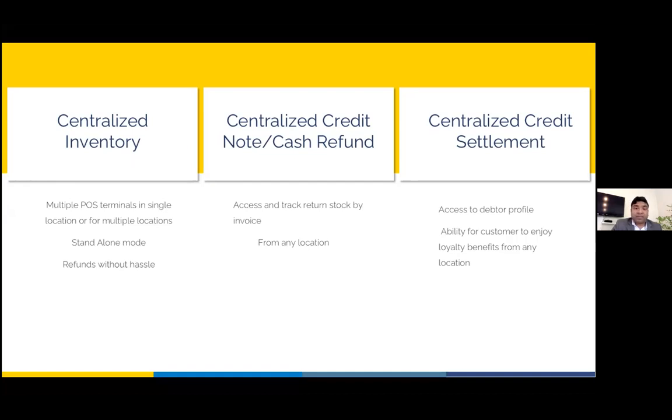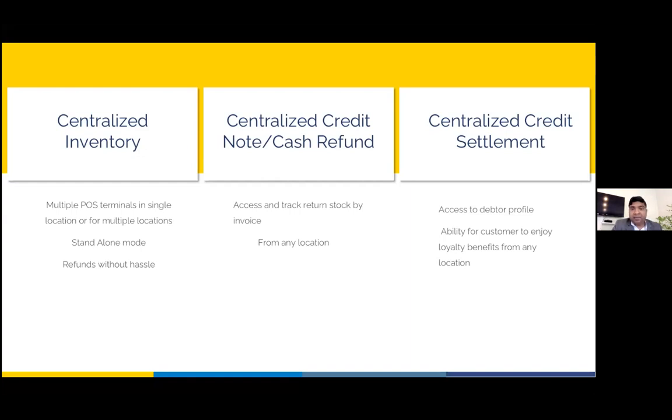When it comes to the customer loyalty program that we run on the mobile POS Sales Play, the centralized POS version allows you to have a single registration for your customer. So your customers don't have to register themselves each time they go to a different shop in your chain.